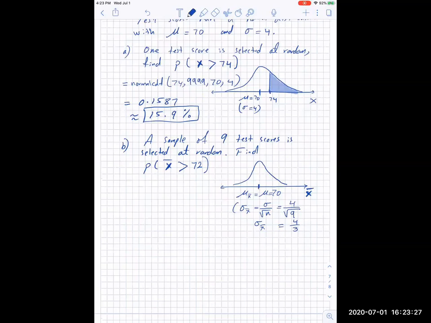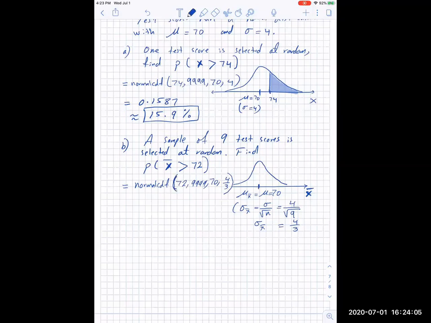So now, what is the probability that X bar is greater than 72? Again, I'm going to say normal CDF. 72 to infinity, with a center exactly 70, and standard deviation of 4 over 3.